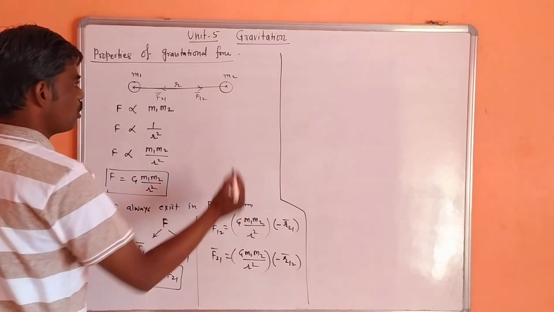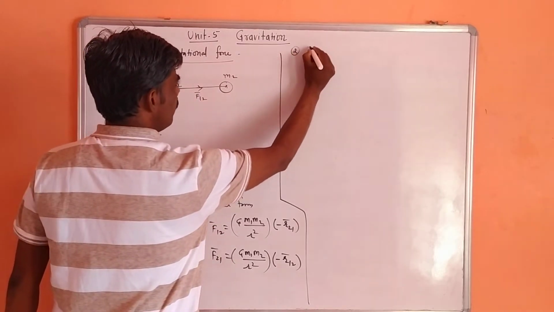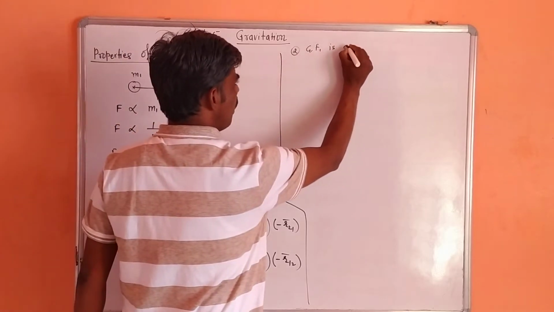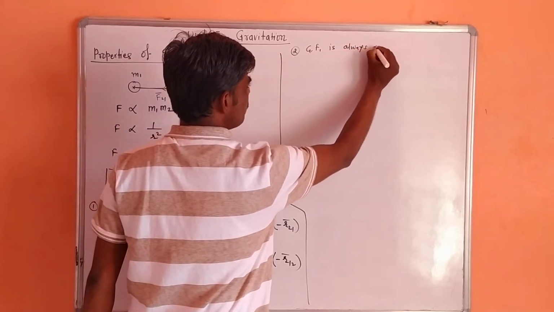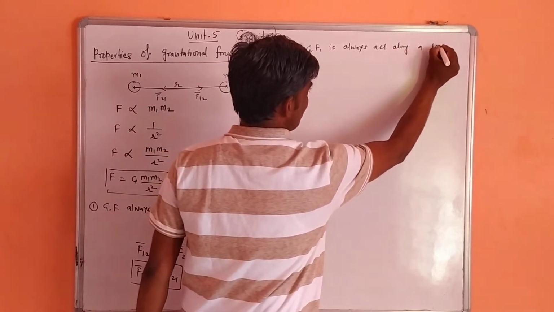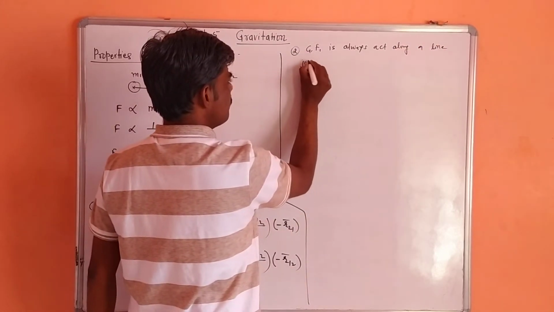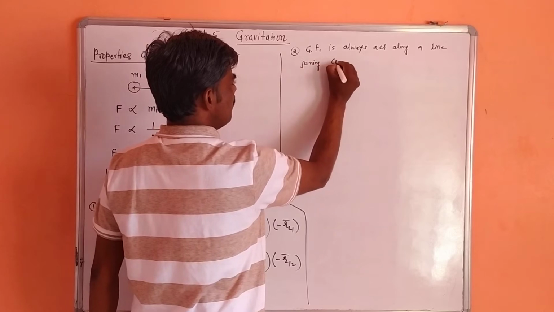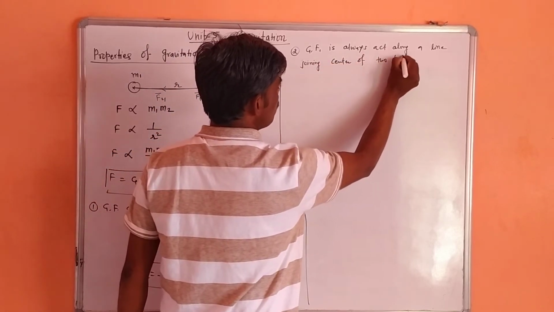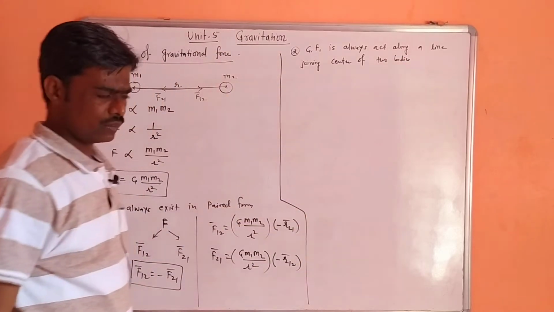Then the second important property: gravitational force always acts along a line joining the centers of two or more bodies.